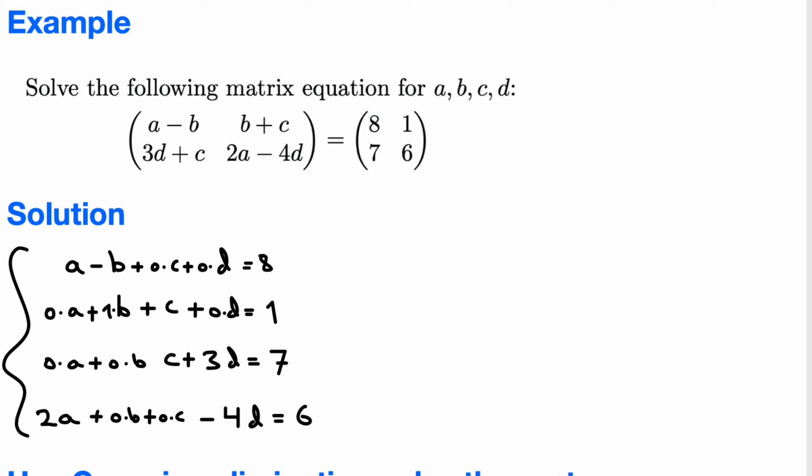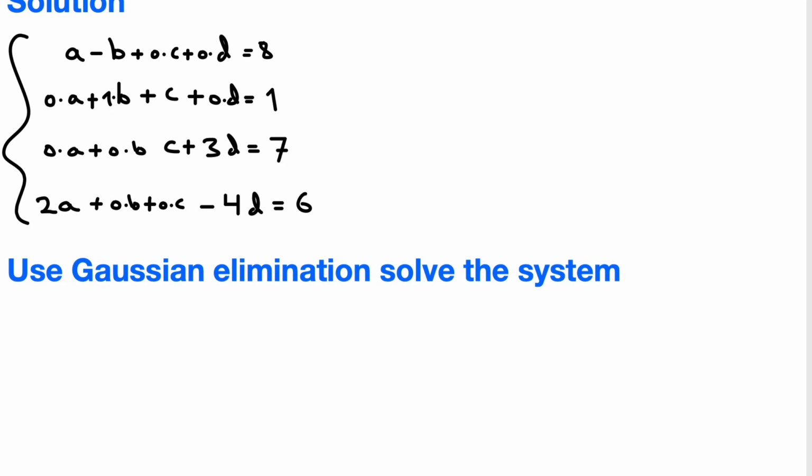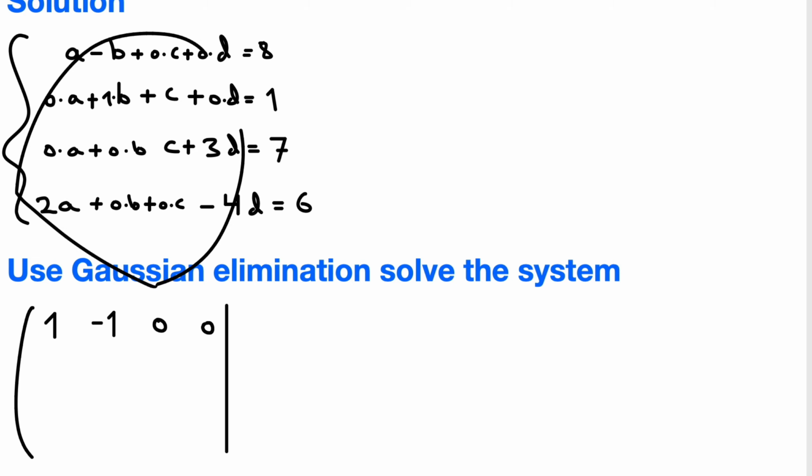So let's look at the coefficient matrix. We have the coefficient of A over here is 1, of B is -1, of C is 0, and 0. And we put a little bar over here to separate between this part and these numbers, the 8, 1, 7, and 6.